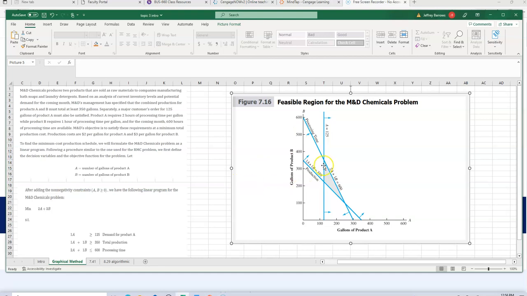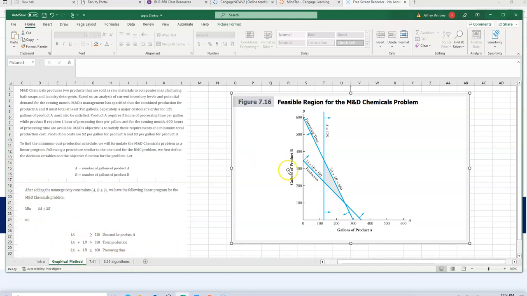And in what looks like the first quadrant of the XY plane, we can come up with what is called a feasible region for this M&D chemicals problem. What you should take away from this idea is that the feasible region is a set of ordered pairs, in this case a value for A and a value for B, that minimize this condition while also satisfying these constraints.